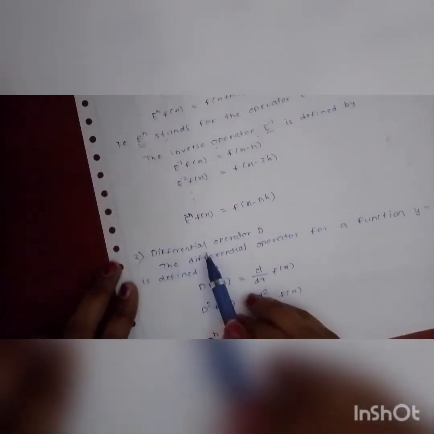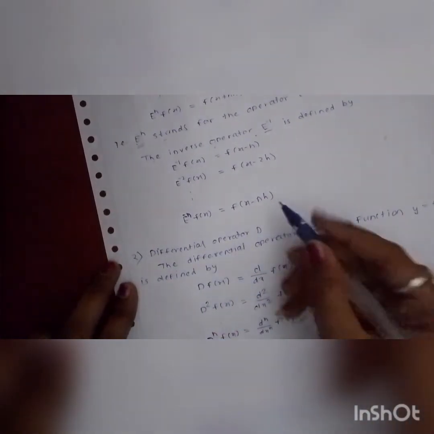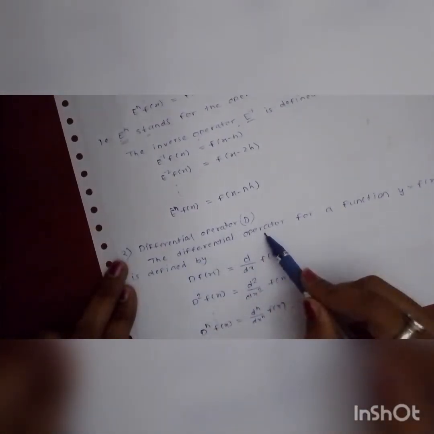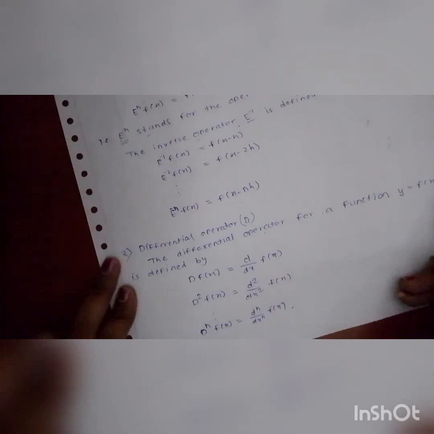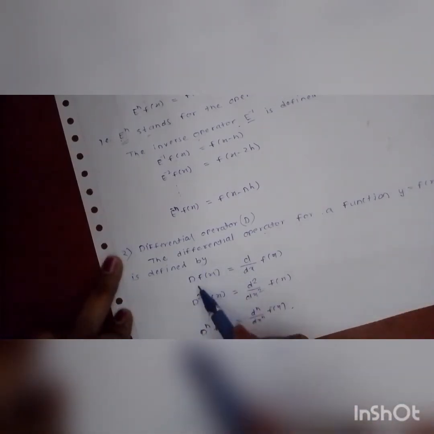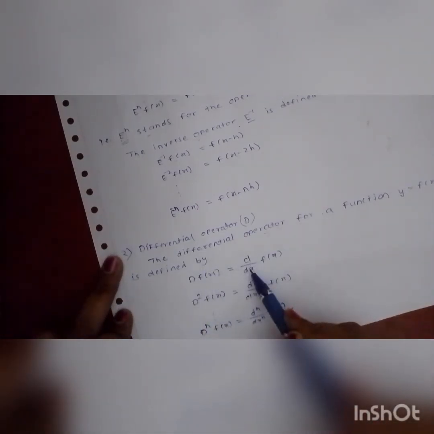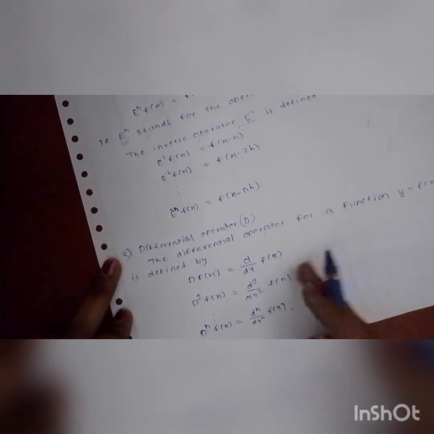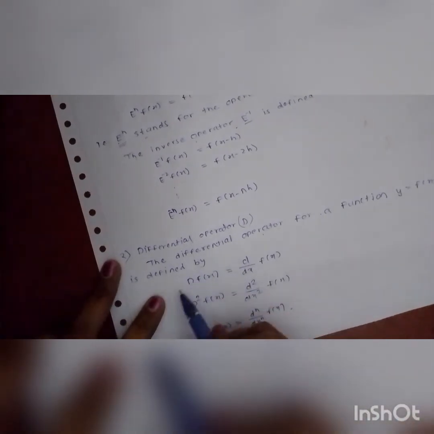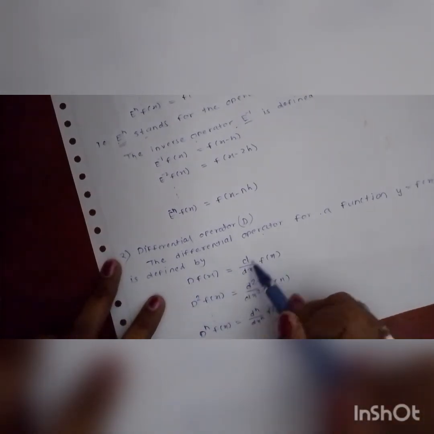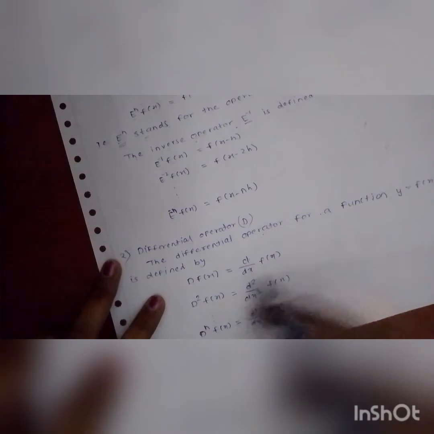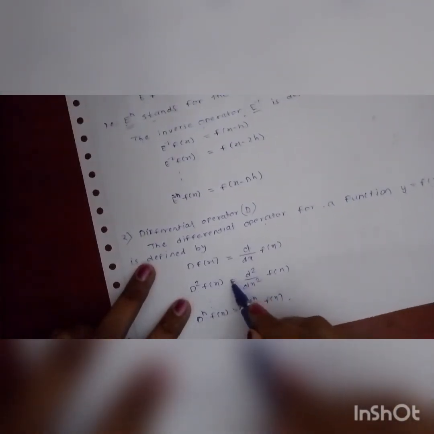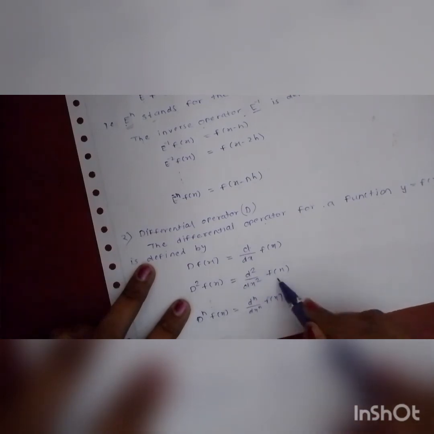Next operator is the differential operator, which is denoted by capital D. The differential operator for a function y equals f of x is defined by D f of x equals d by dx of f of x, that is the derivative. Similarly, D square f of x is d square by dx square f of x.